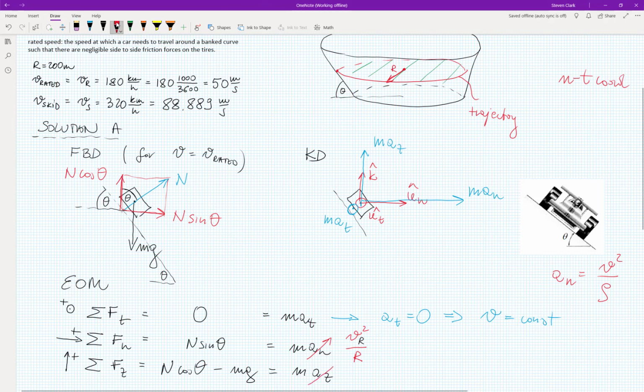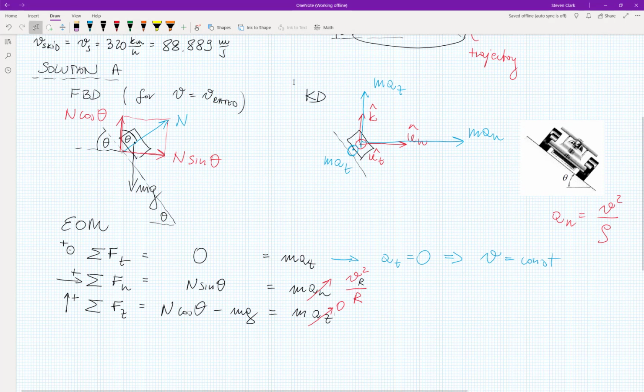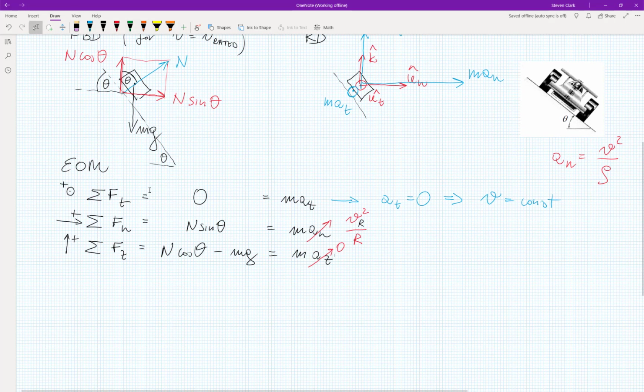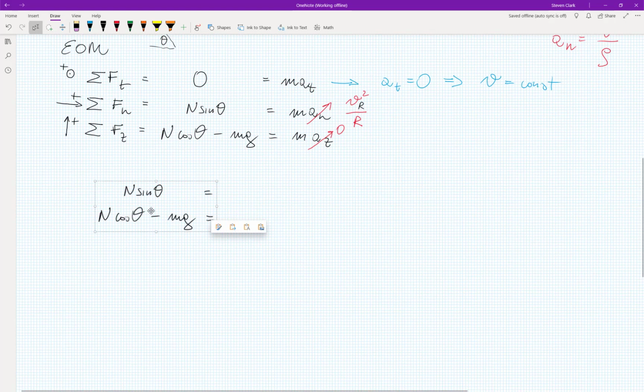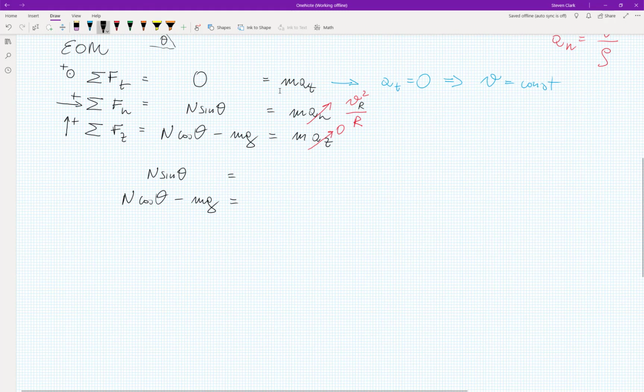There's no motion outside of that plane. Cool. So let's recap what we have. We have these two expressions. This will be equal to m v rated squared over r, and this is 0.